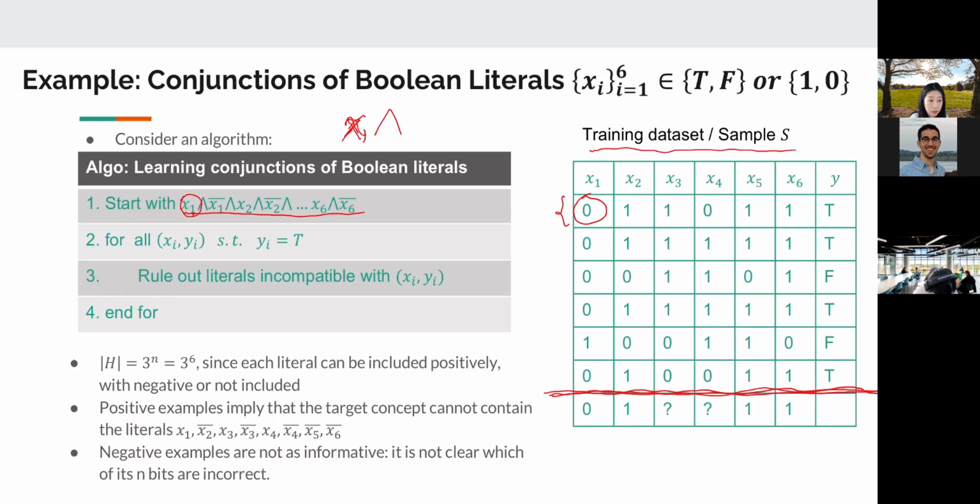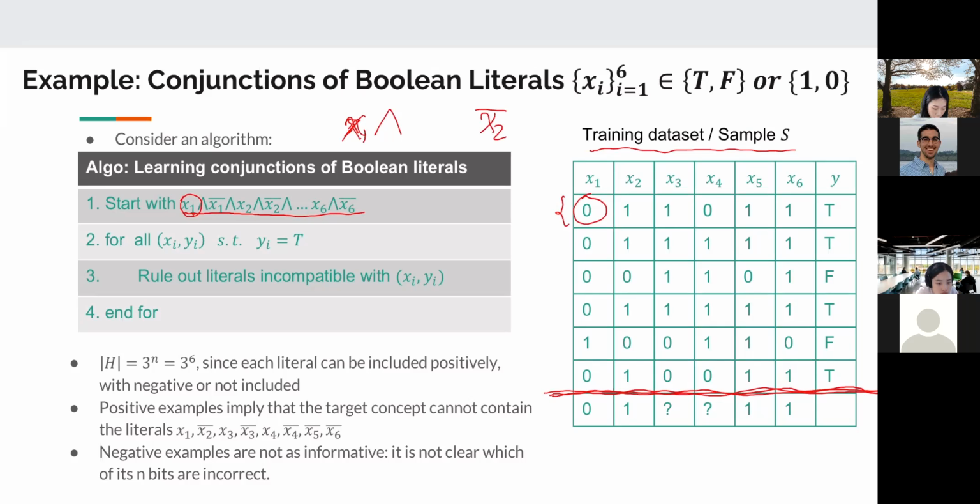Does that make sense? Can you rule out x2 negation? Yes. What about x3 negation? What about x4? You can also rule out x4, x5 negation and x6 negation. So after this example, what can you rule out?